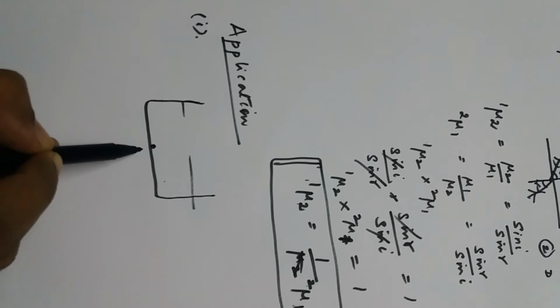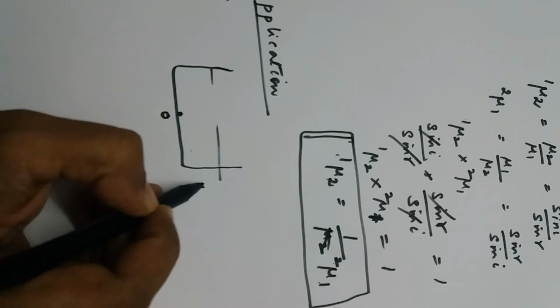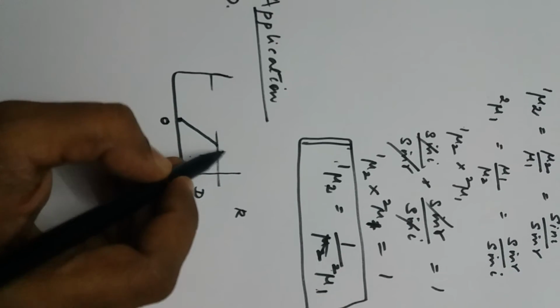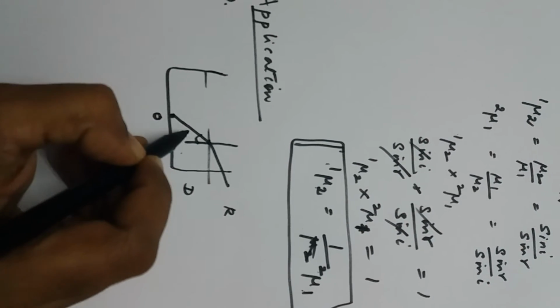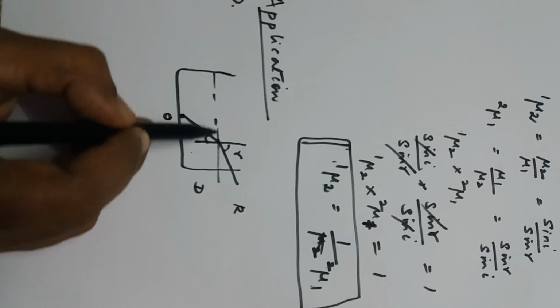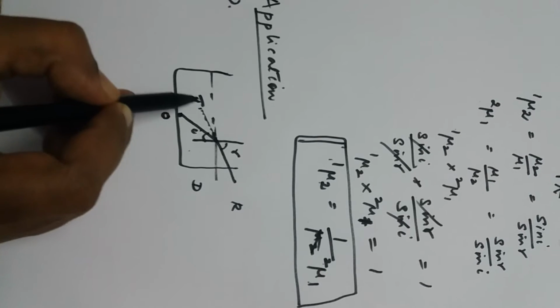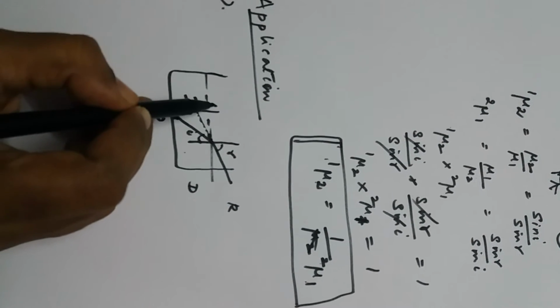Now, if the object is positioned at point O, and the light ray goes from a denser to a rarer medium, the light ray would bend away from the normal due to refraction. Here you can see the angle of incidence and angle of refraction. But our eye is used to seeing things straight, so you would see the image of the object somewhere here. Let us mark it as I.